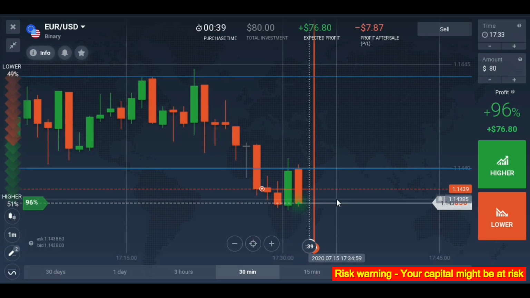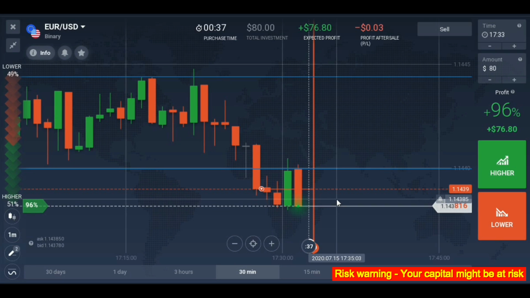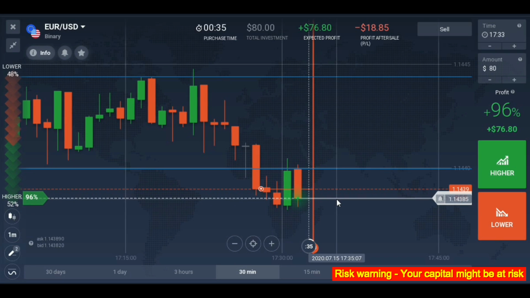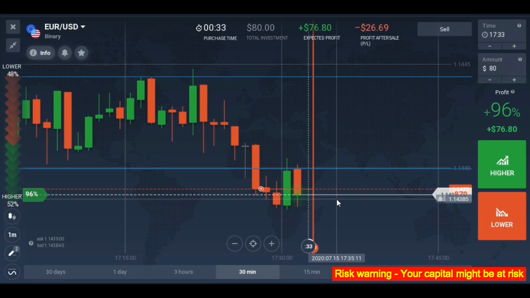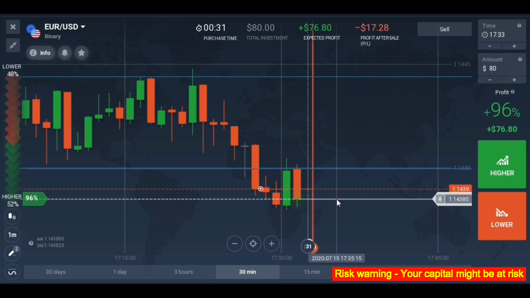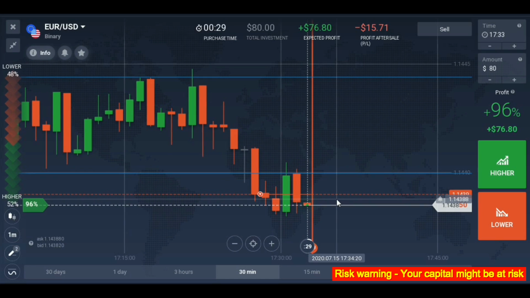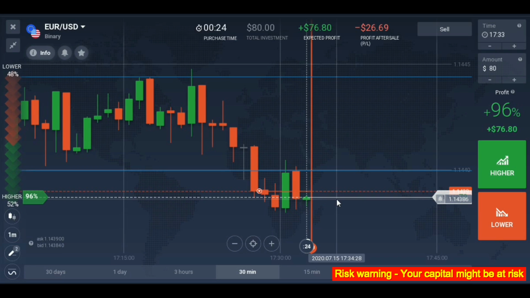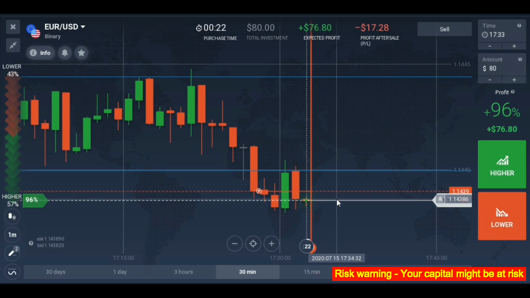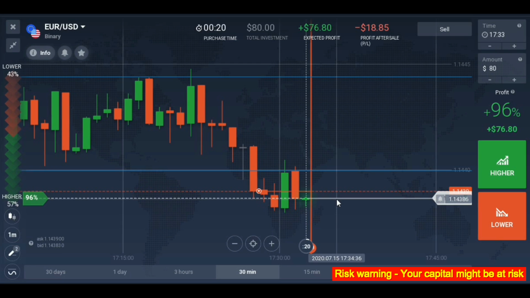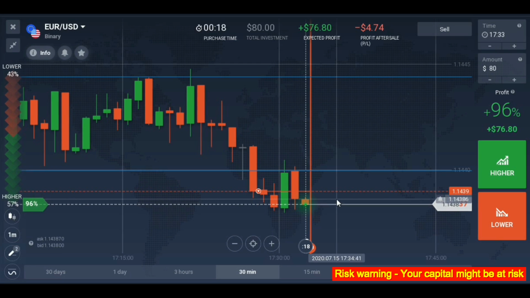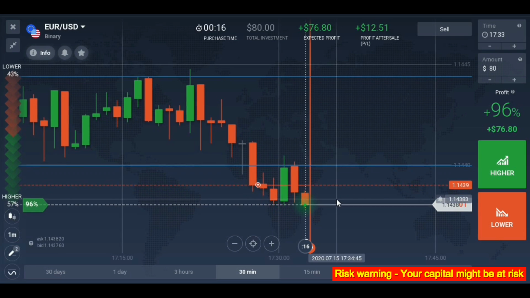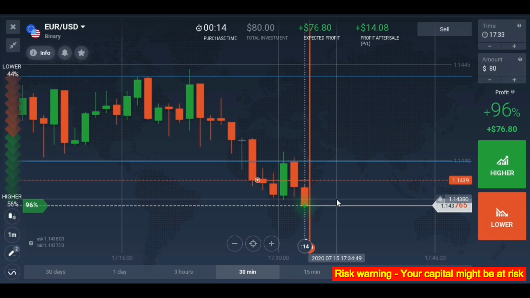I was getting the best results when taking trades over 4 minutes on reversals, and when taking trades on breakouts, the best results were on 5 minutes. That's why on breakouts I take 5-minute trades, and on reversals I take 4-minute trades.